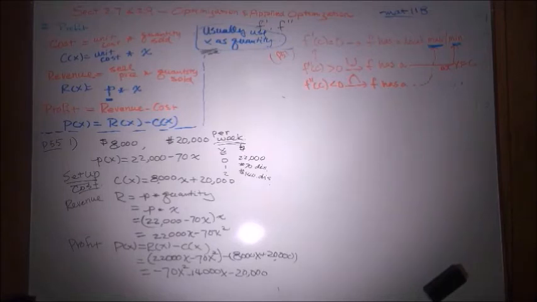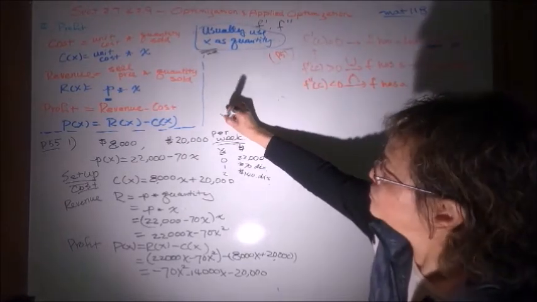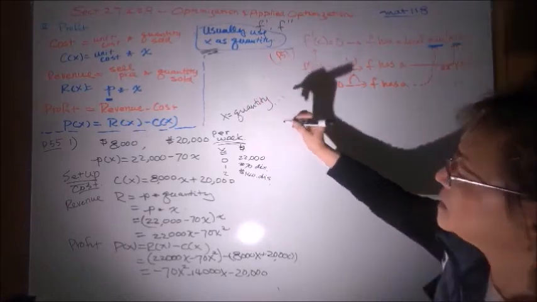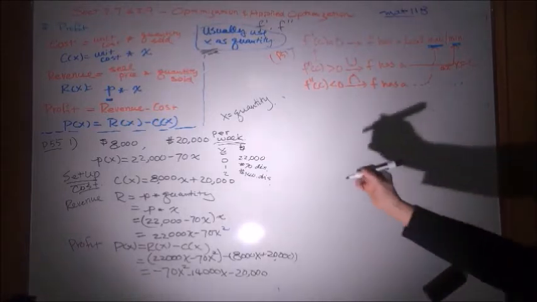Then you wonder, how many can I sell to maximize my profit. So x is what? X is your quantity. How many cars you plan to sell, all right? So you produce so much, you give so much discount, right?